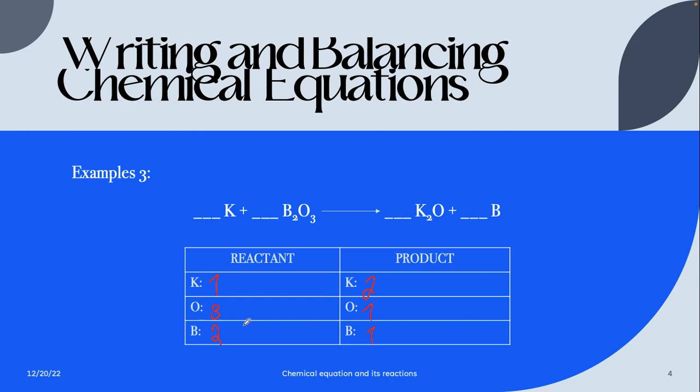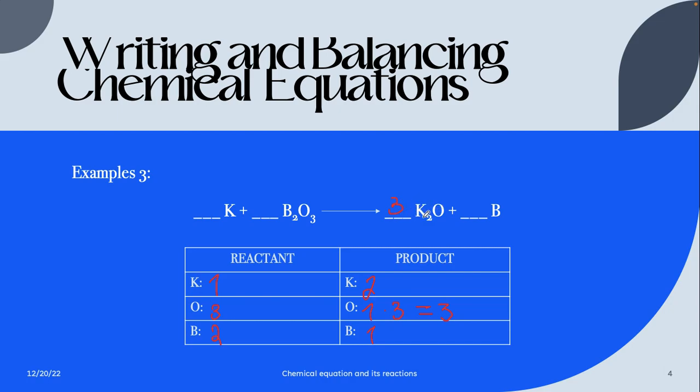In order to make this balanced now, we're going to multiply the oxygens by 3. So here we're going to have 3. So this will equal 3, right? And as was said, whatever we place will affect the other elements that are inside the compound.